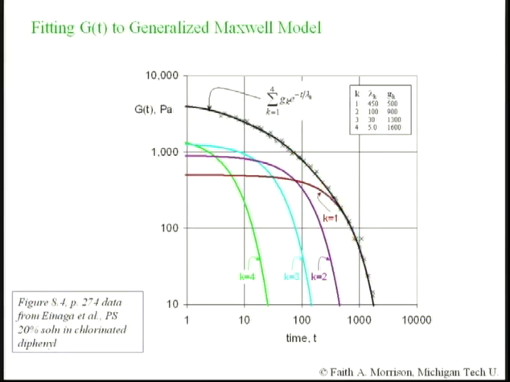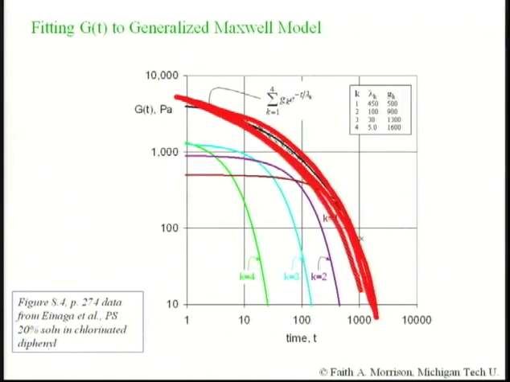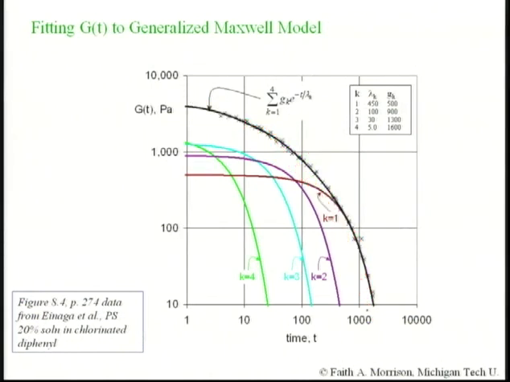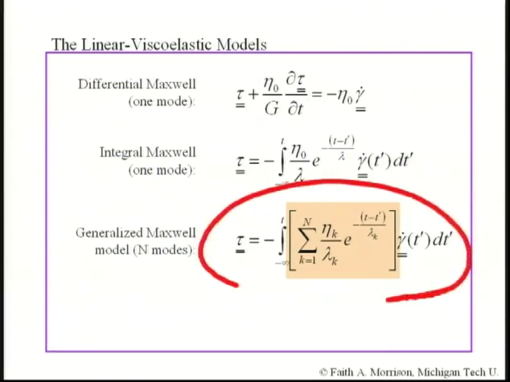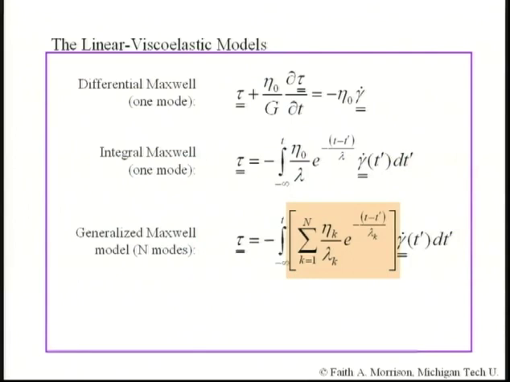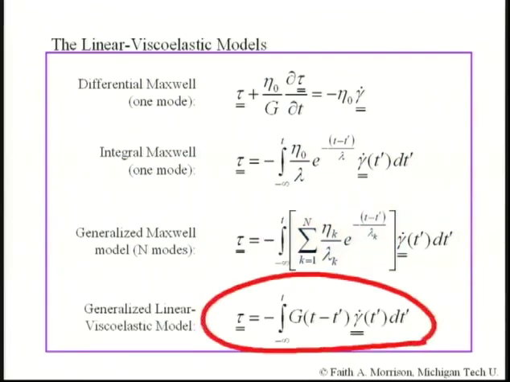So there was a time period in the history of rheology where people published a lot of papers on various different dash pots and springs using their intuition about how those things add up. But all they did was mess around with the G of t prediction. That's all that does to this model. It doesn't change anything else. It will always be a model of this character. So that's why people now will talk about this model instead.